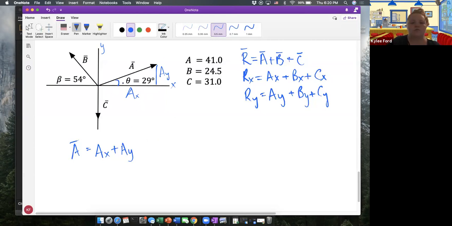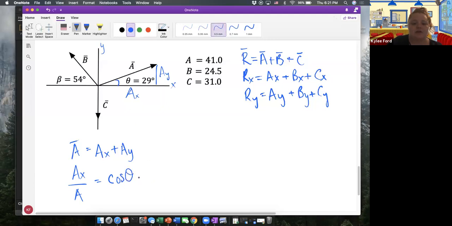Again, using trigonometric identities, we can find these components. We have our A, and we need our AX and AY, so we have our adjacent and our opposite to solve for. Adjacent over hypotenuse, AX over A, is going to be cosine theta.